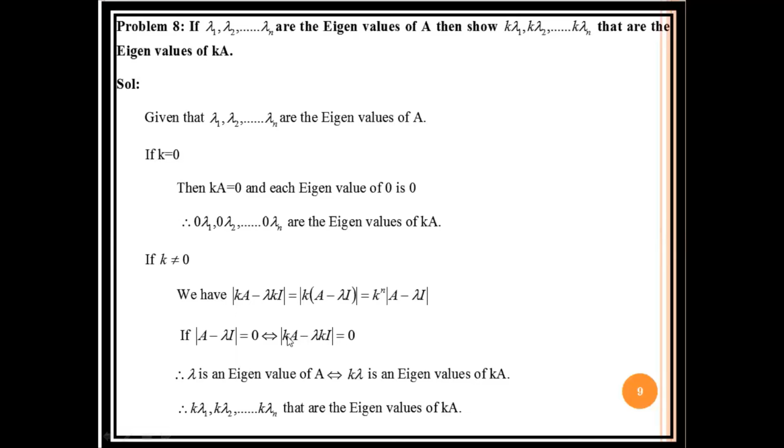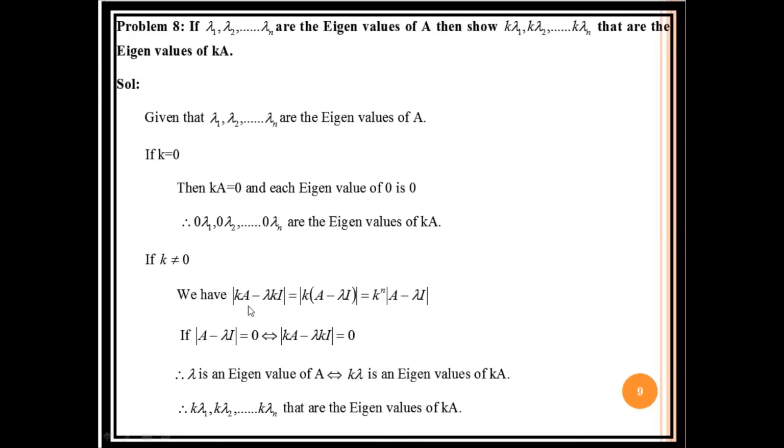We are proving here that k lambda is an eigenvalue of kA. That's why we have considered here kA minus k lambda I, from the polynomial. This is nothing but A minus lambda I, no? In the A minus lambda I determinant, lambda is a characteristic root of A, right? In the same way, here we want to prove that k lambda is a characteristic root of kA. That's why we considered this.